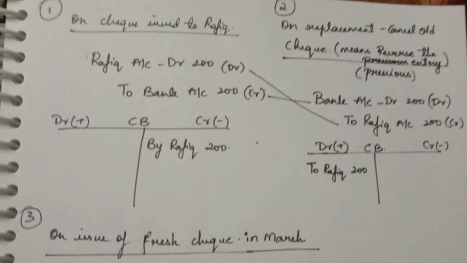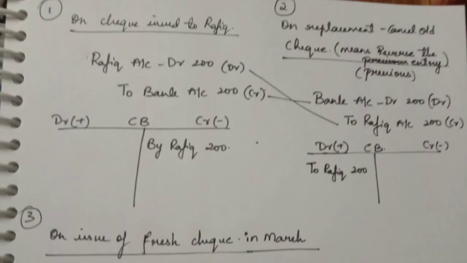Then to cancel this earlier entry, that is Rafiq account debit to bank account, Surendra might have recorded in his books, on replacement of the old check, bank account debit to Rafiq account. Means previously Rafiq account debit to bank account. Now we need to reverse this entry to cancel the check. Okay. So now the entry would be bank account debit to Rafiq account. That is on the date of replacement.